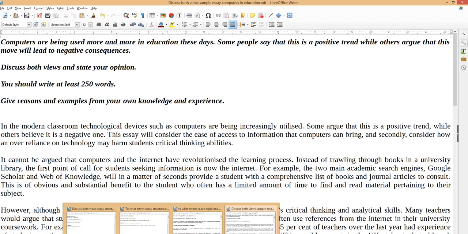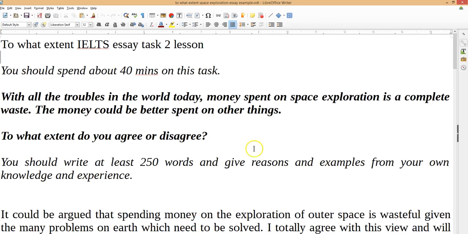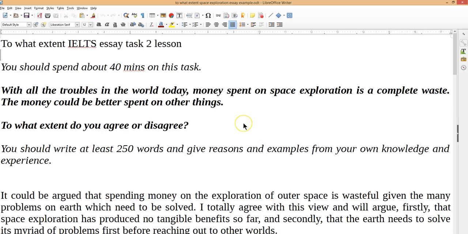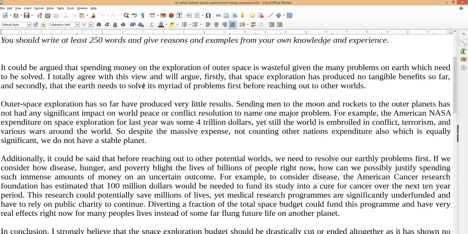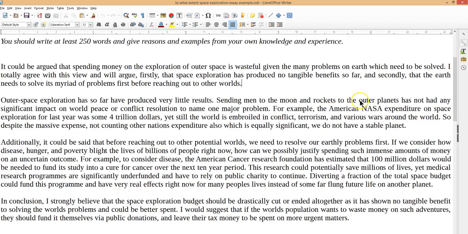So if we take a look at the space exploration essay, which we had a look at a couple of days back. Here we go. I won't say much about it because I did it before. I'll just leave it on screen for a second or two so you can see.